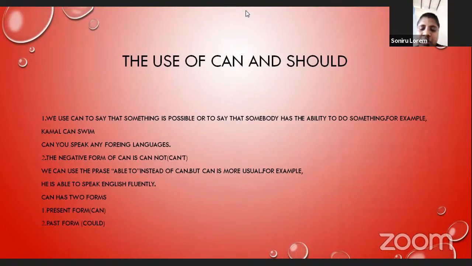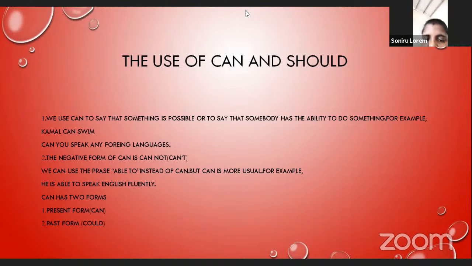Today, I will not talk about those complex areas, but I will talk about can and should, which are auxiliary verbs, and they are also known as determiners, but they are not determiners, but they are used as articles. But in today's lesson, we just talk about the use of should and can as auxiliary verbs.